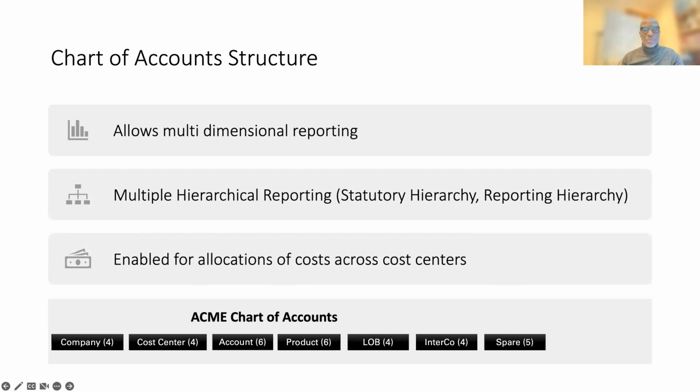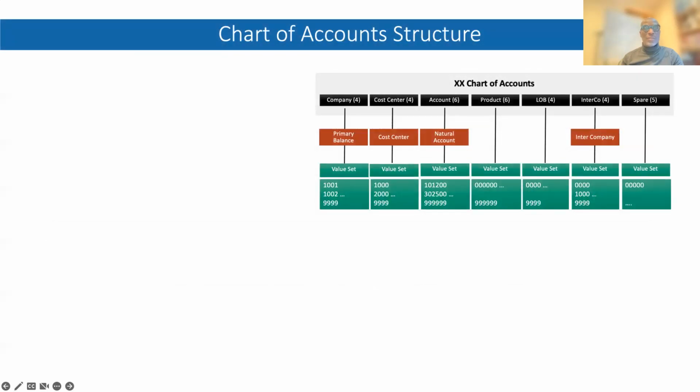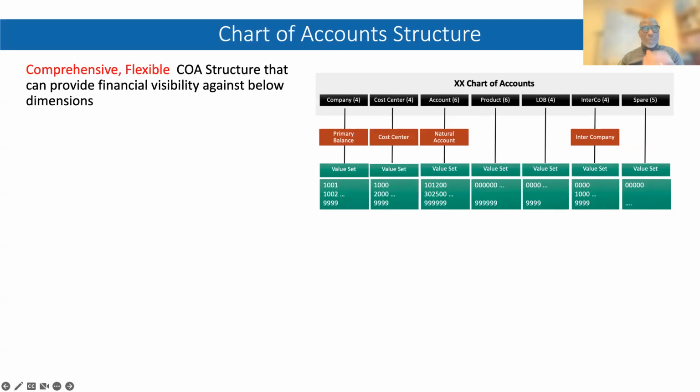So in terms of the structure of the chart of accounts, this is what it looks like. We want a structure that is flexible, and this is what our value sets are going to look like. The numbers that you have here are the length of the segments. This is the BSV. This is the cost center. These are the segment labels for each of the different segments.